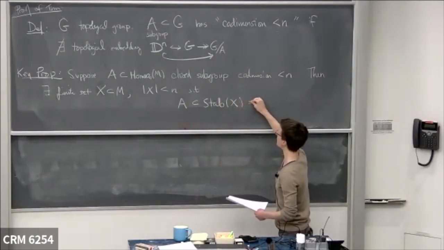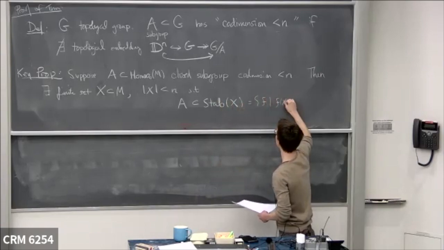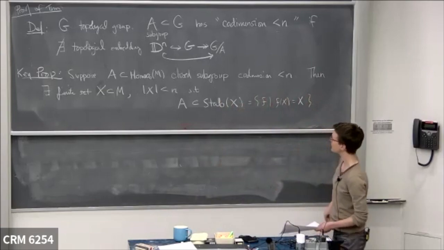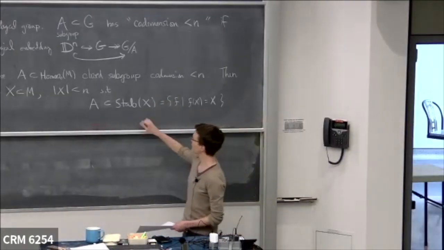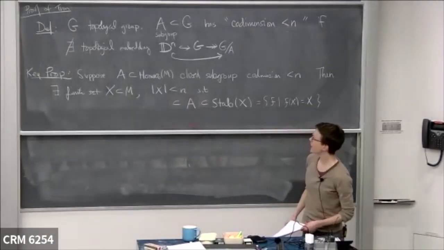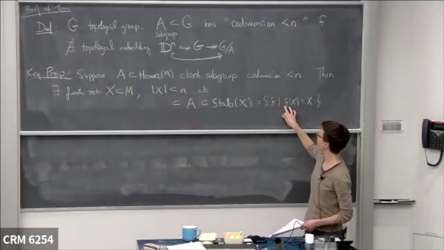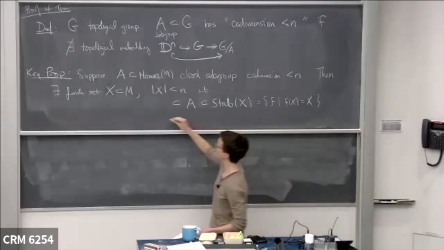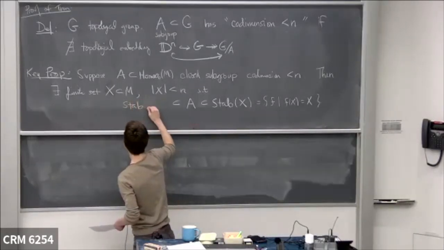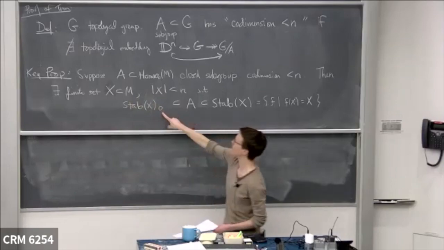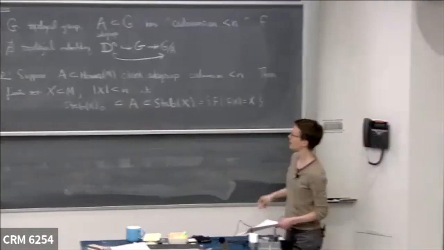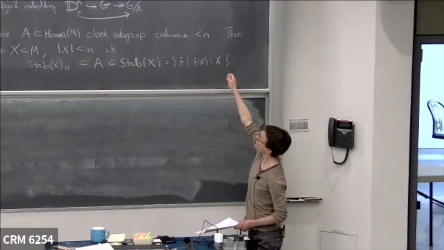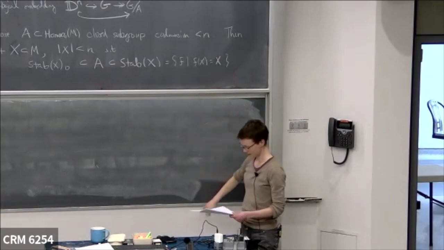This stabilizer is just the set of homeomorphisms that map this set to itself. I'm allowed to permute the points. That's fine. And inside of A is the subset of this that does not permute points or even braid them at all, the identity component of the stabilizer of X. I've been using this notation for identity component of the group, so I'll do that again. You should parse this as saying that small codimension subgroups look like stabilizers of sets.